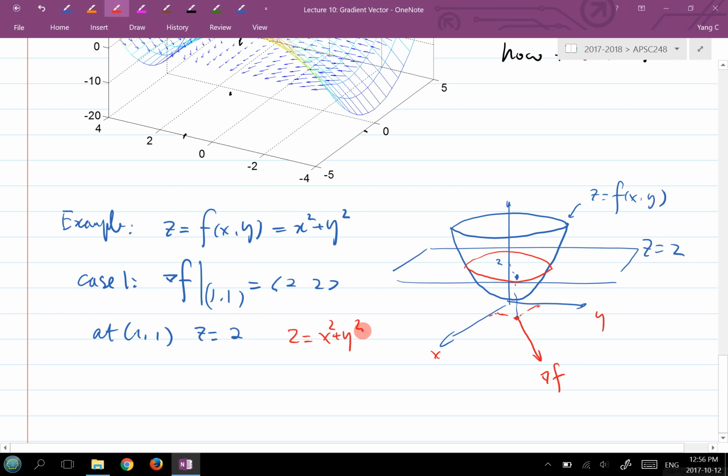That's a circle with radius root 2. Now project this circle, this level curve, into the xy plane, and that curve will go through this one point. When you project that circle into the xy plane, you get a level curve passing through this point.